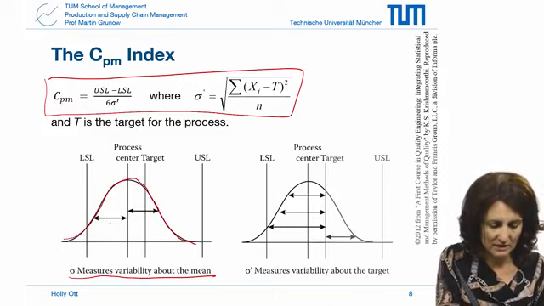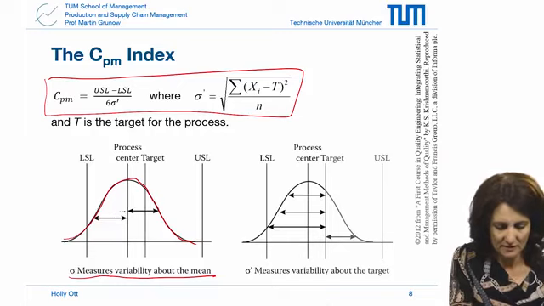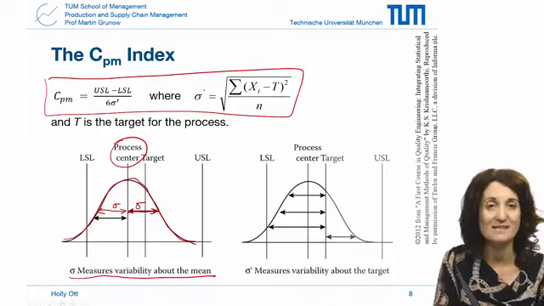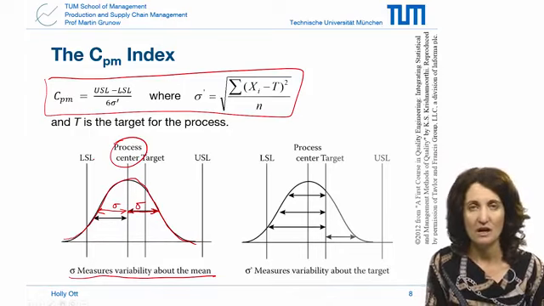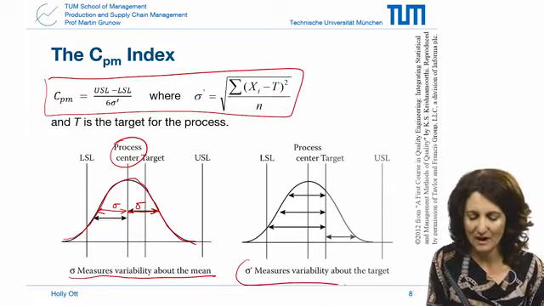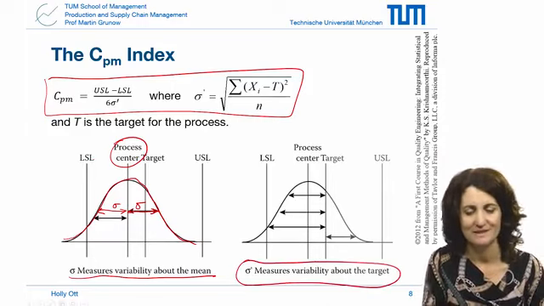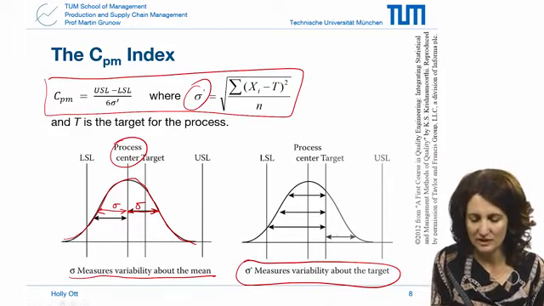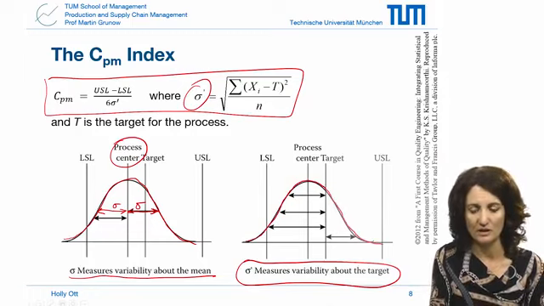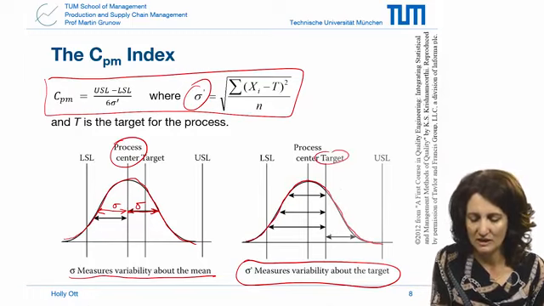We're measuring this sigma value from the process center. On the other hand, this sigma prime, our new variable, is measuring the variability of our data. So our data is in a kind of bell shape. Here's our target. This time we're measuring this variability from the target, taking that into account.